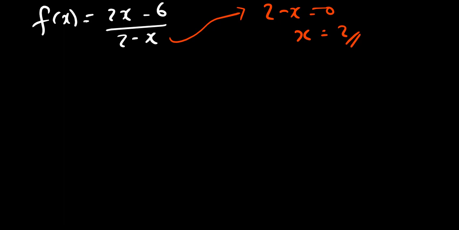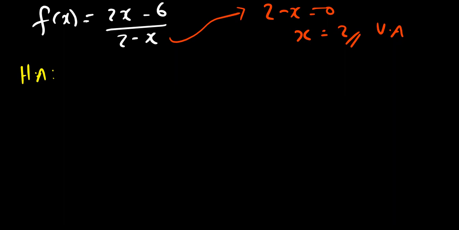Okay, that is your vertical asymptote. How are you going to find your horizontal asymptote? Now the degree of the numerator is equal to the degree of the denominator. If you can see, this has a power of 1 and this has a power of 1.